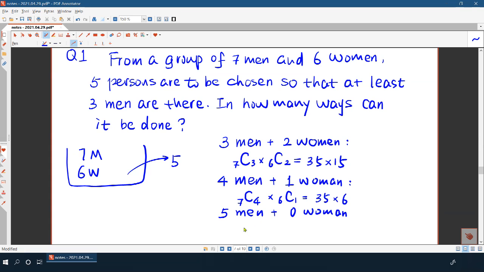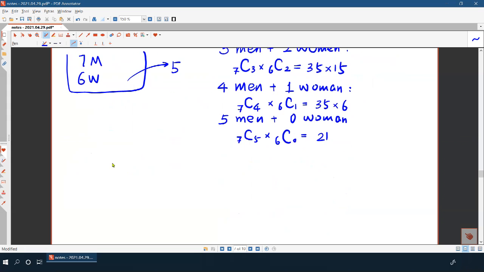How about the third one? The first step is to pick 5 out of 7, the second step is to pick 0 out of 6, so this is 21 ways. So the total number of ways we can complete this task is 35 times 15 plus 35 times 6 plus 21, right?